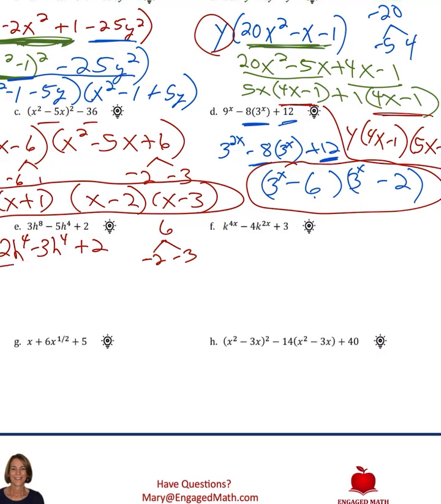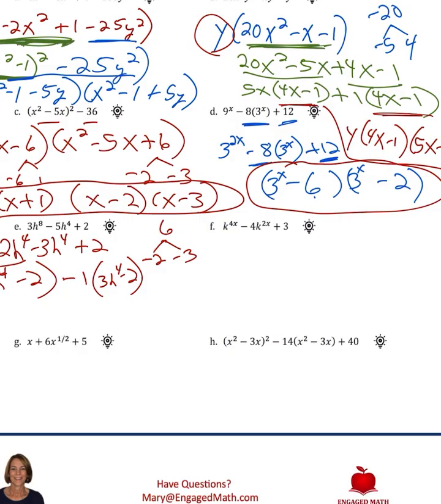Okay, now I'm going to take the first two terms and take out the GCF of h to the 4th, and I'm left with 3h to the 4th minus 2. And then here I can just take out a -1, and I again have 3h to the 4th minus 2.